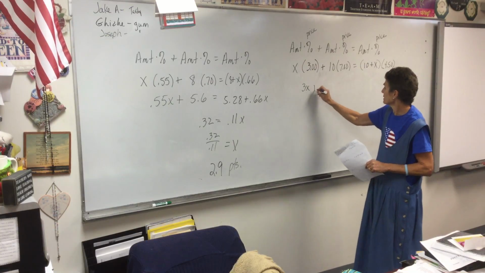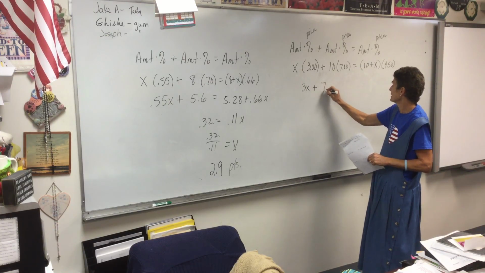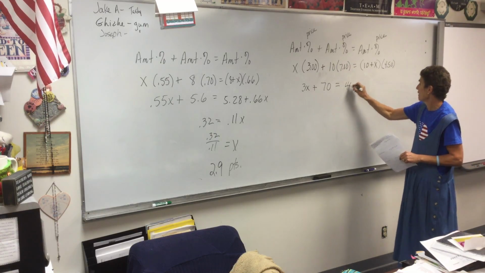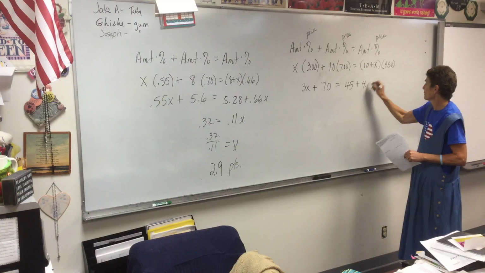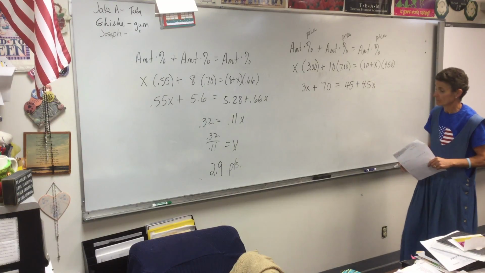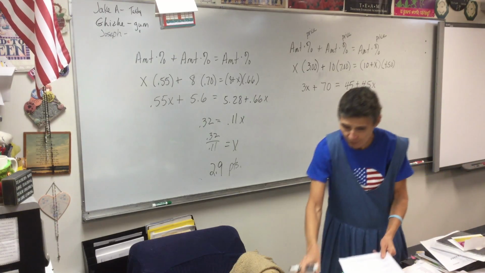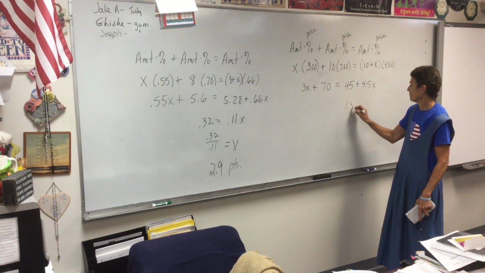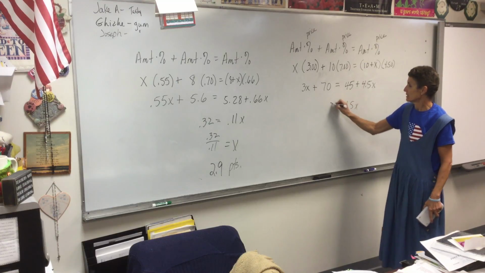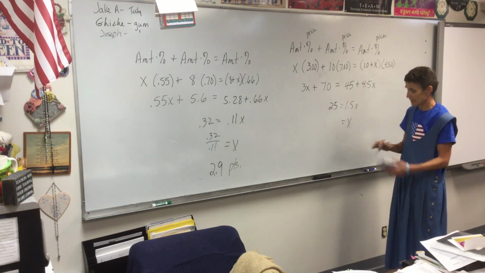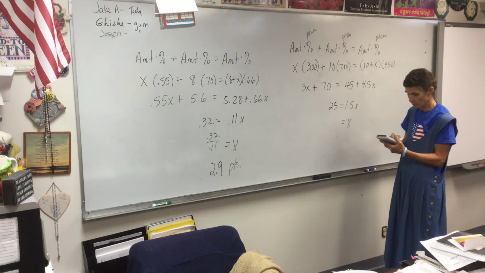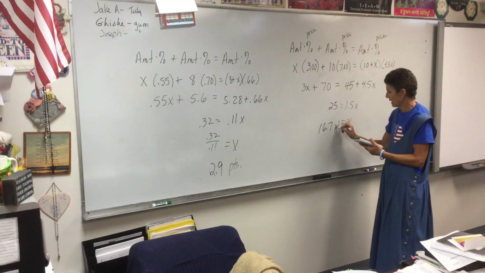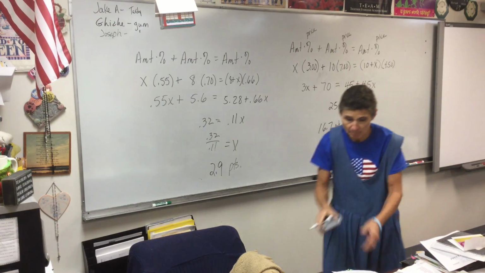So we have 3x plus 70 equals 45 plus 4.5x. I hope I did all that multiplication right. So 1.5x equals 25, and x equals 25 divided by 1.5, about 16.7 pounds.